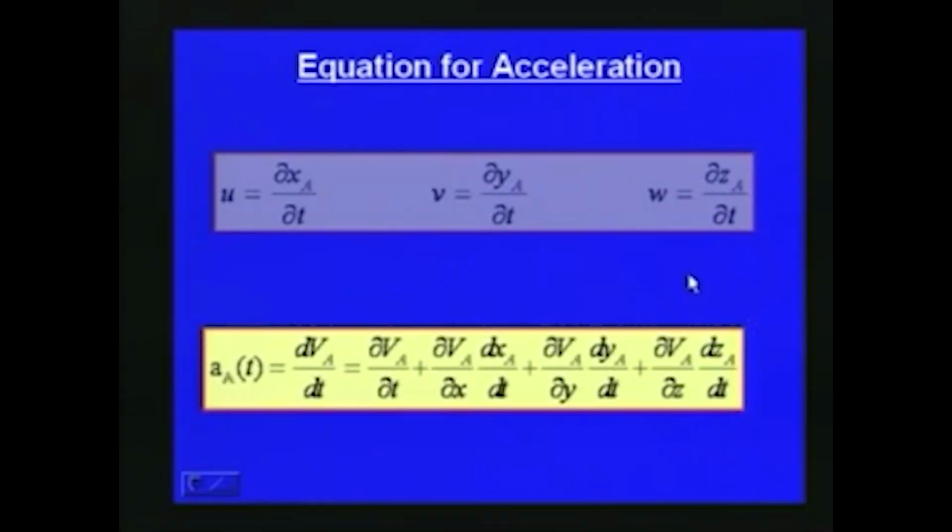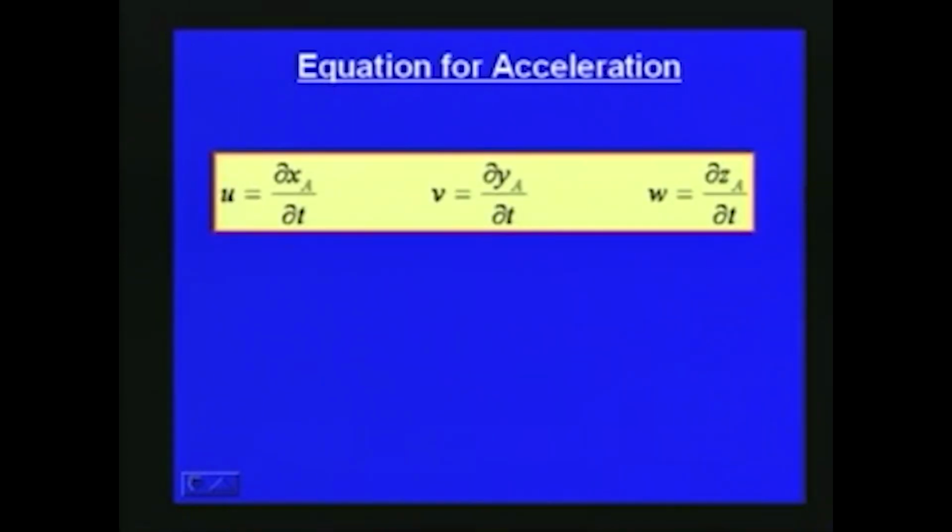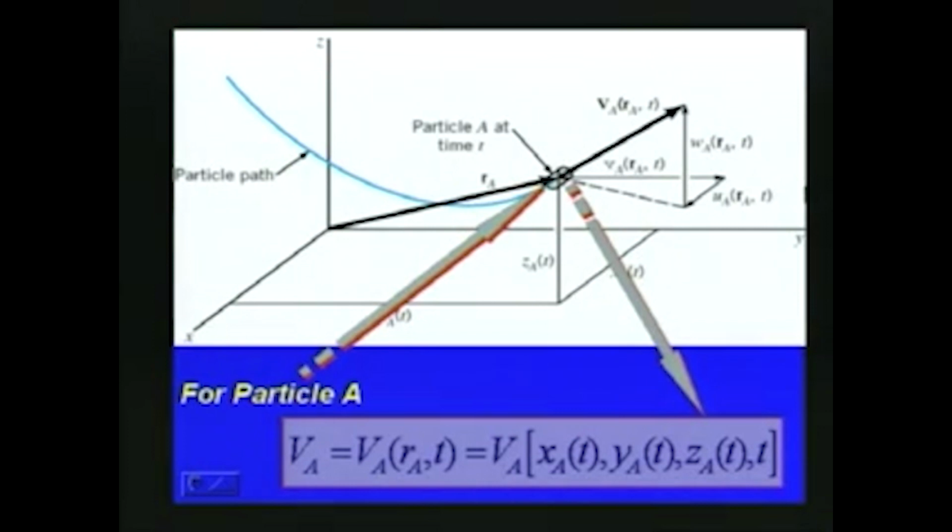In the Lagrangian description generally we will be writing the velocity component in the x direction as u = ∂x_A/∂t, v = ∂y_A/∂t, and w = ∂z_A/∂t, as shown in this figure.